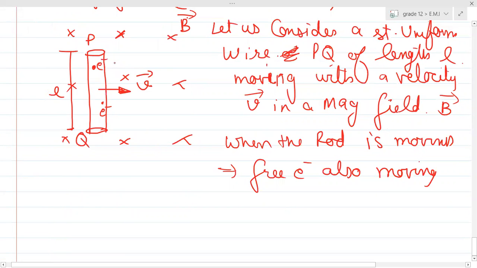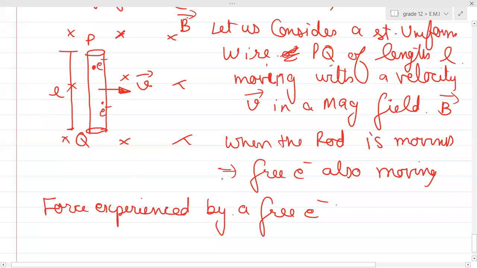So can you see whenever a charge is moving in a uniform magnetic field, then what happens? It experiences a force. So then the force experienced by a free electron, and which force am I talking about? We're talking about the Lorentz magnetic force.